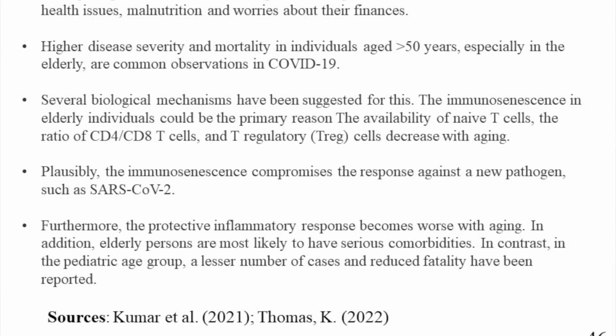Basically, seniors have less innate and adaptive immune cells. Furthermore, the protective inflammatory response becomes worse with aging. In addition, elderly persons are most likely to have serious comorbidities.